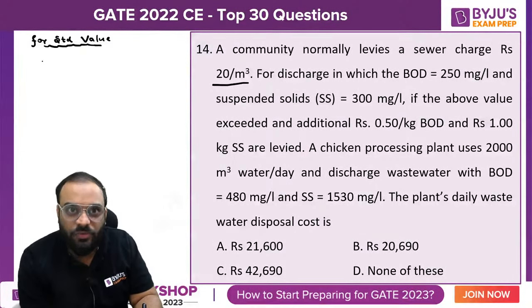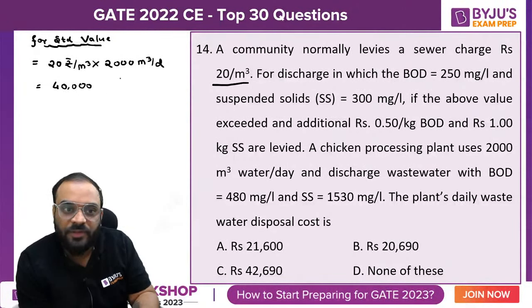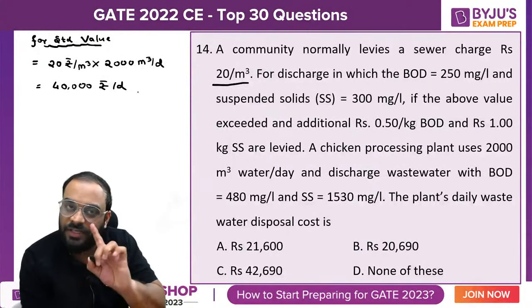First we will calculate that. This value is 20 rupees per meter cube multiplied by the discharge, 2000 meter cube per day. If you multiply it, how much will you get? 40,000 rupees per day, correct?